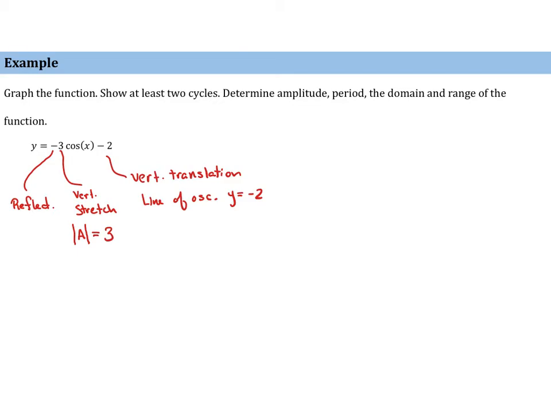So let's go ahead and look at what the period is. There was no compression or stretching horizontally, so the period is still 2 pi. The increment then would be the period divided by 4, so pi over 2.